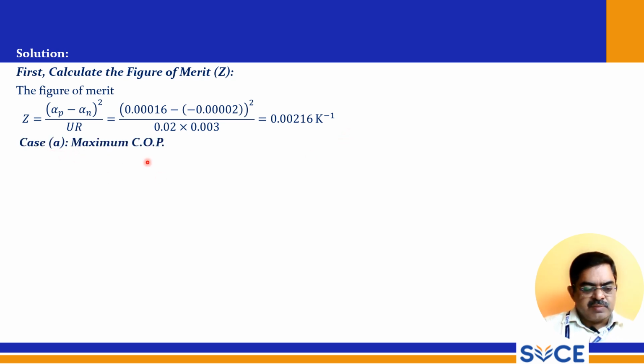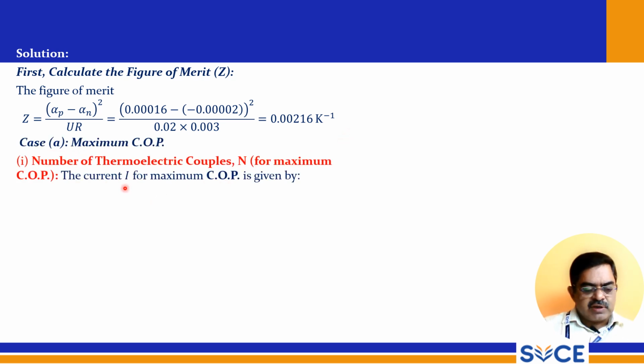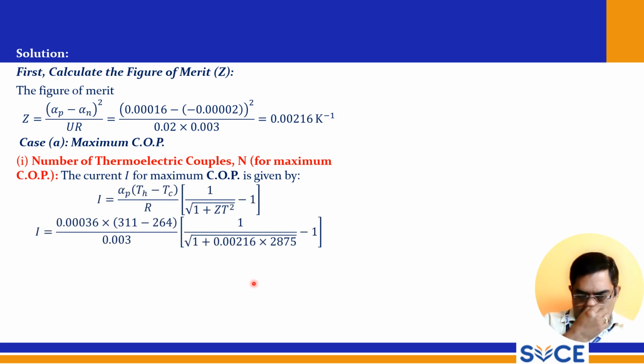The maximum COP can also be found out. For the number of thermoelectric couples N for maximum COP, the current I for maximum COP is given by this equation, and by substituting all the known values, I equal to 20.64 ampere.